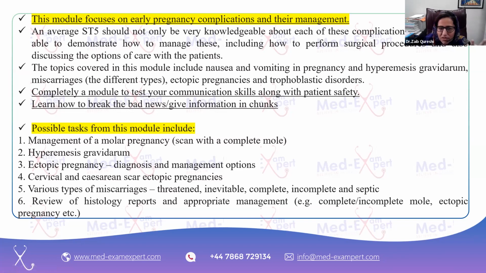Early pregnancy is quite a sensitive area where you have to deal with a lot of normality as well as the problems or complications of early pregnancy. Nausea and vomiting in pregnancy is going to be there, hyperemesis gravidarum can be there, and all the different types of miscarriages are going to be there as well, and ectopic pregnancies. It can come in different stations.